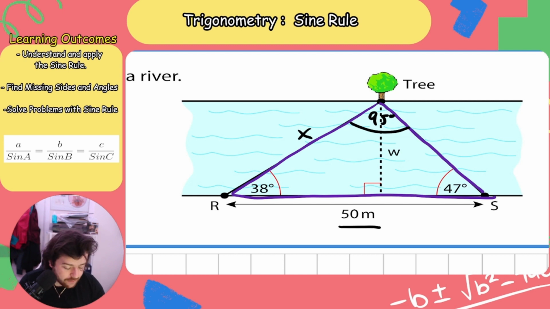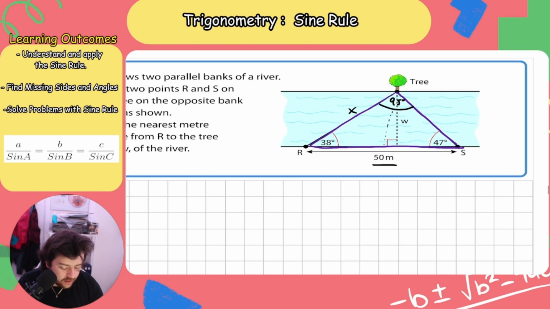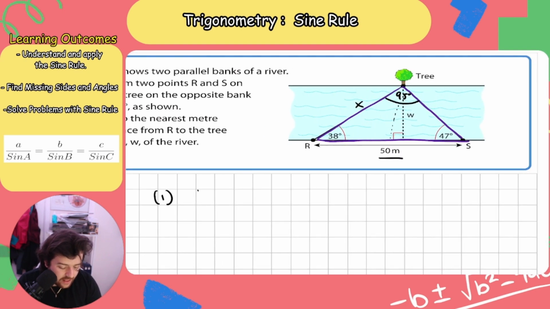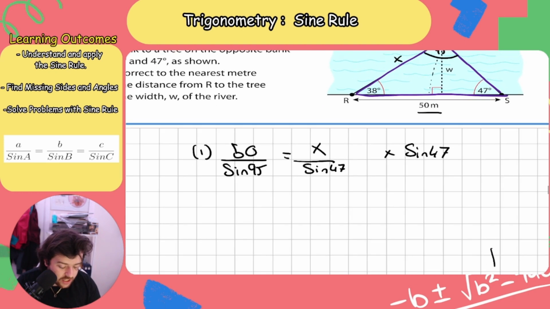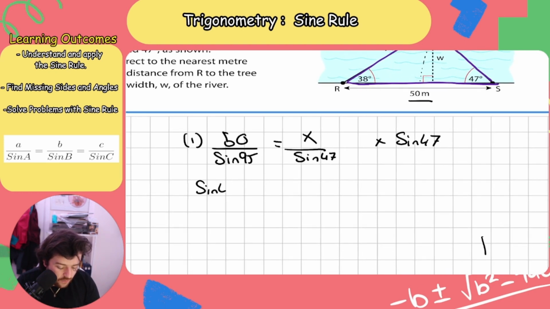And now I can use my sine rule to find the length here. So I know for a fact that 50 divided by sine 95 is going to be equal to x divided by sine 47. So multiply both sides by sine 47 so I can get x on its own. So sine 47 times 50 over sine 95 is equal to x.